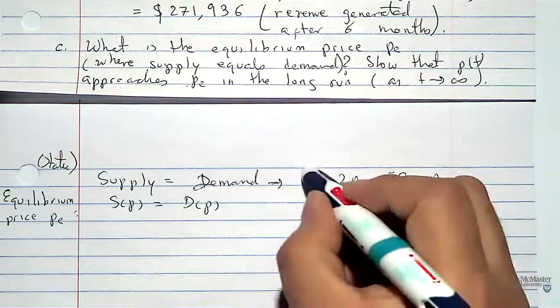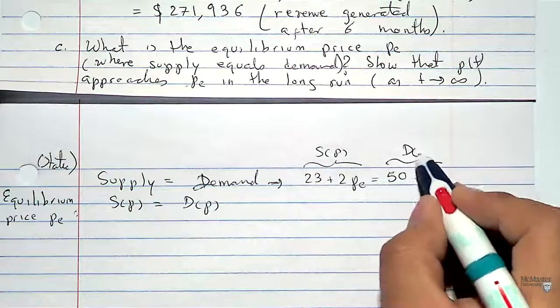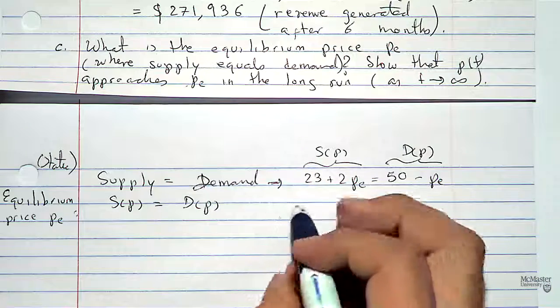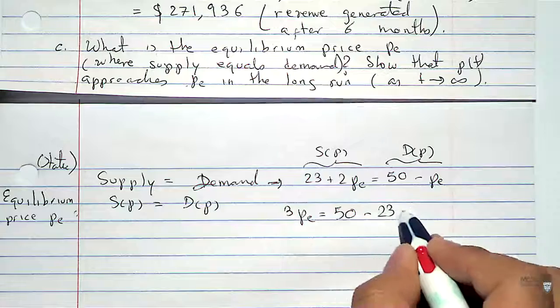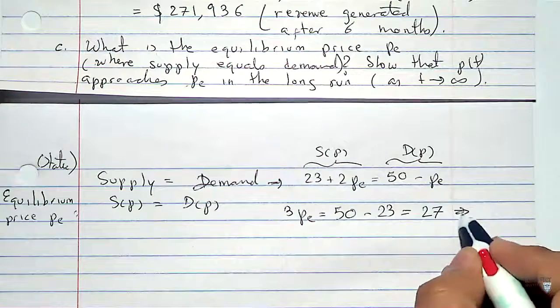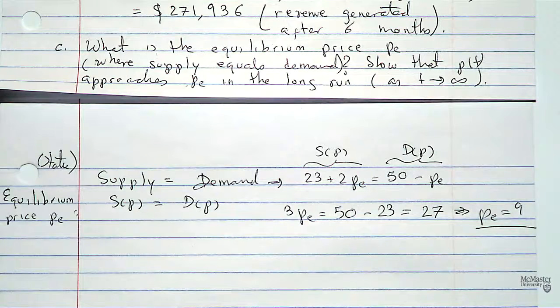So this would be S(P), this would be D(P). If you simplify, that means that 3P(E) is equal to 50 minus 23, which is equal to 27. That means that P is equal to 9. So there is no mystery.